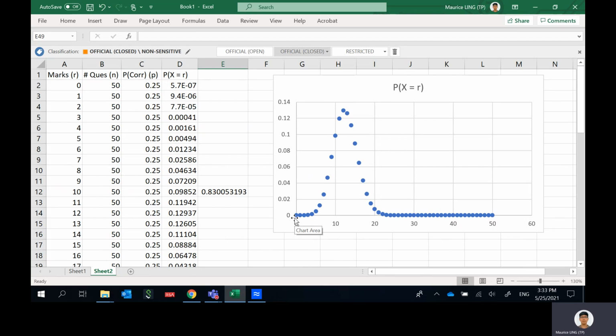Looks like a normal distribution somehow. Because, click on it, it only goes up to 20.